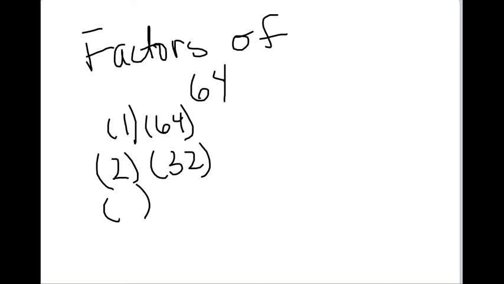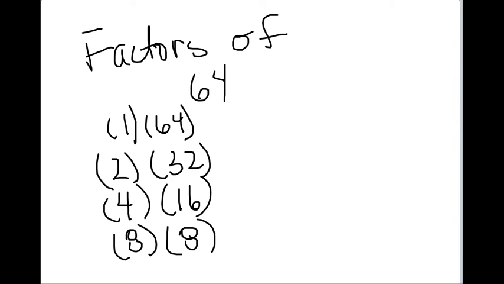Oh yes it does. 4 goes into that 16 times. I thought so. And then 8. And 8 goes into 64 8 times, because 8 times 8 is 64. So those are the factors of 64.